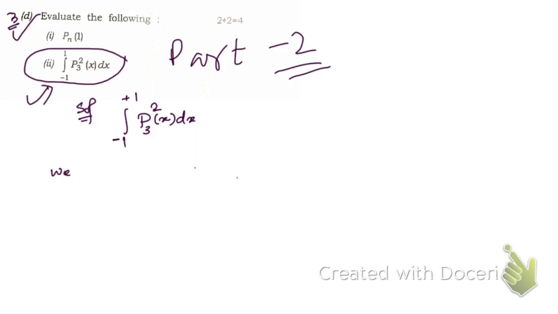We know that the integration from -1 to +1 of Pn of x square dx is equal to 2 by twice n plus 1, and here our n is nothing but 3.